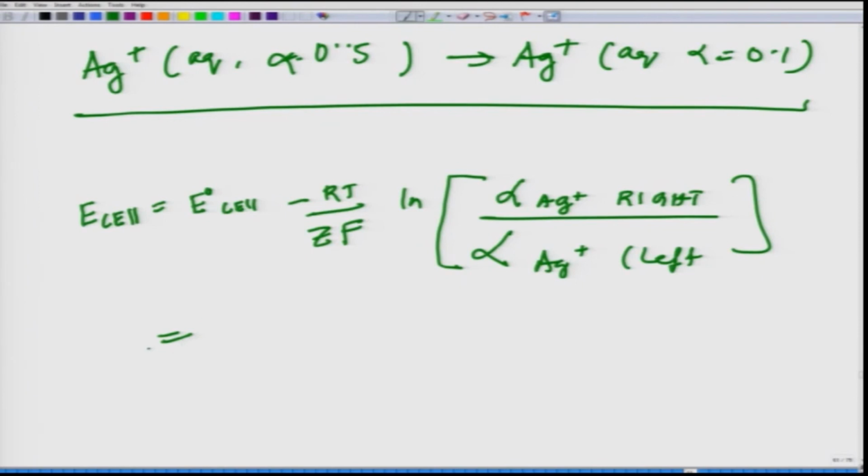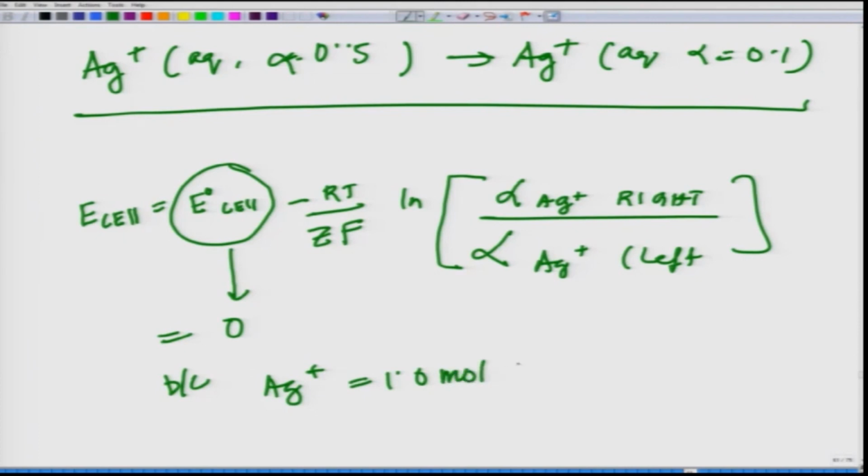Now, E0 of the cell will be 0, because under standard conditions the Ag+ activity is 1 in both half cells.